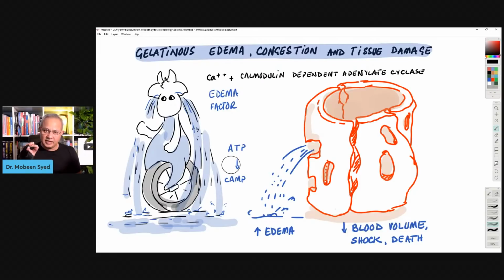Whenever a cell has Bacillus anthracis, the increased cyclic AMP inside the cell would cause the water and fluid homeostasis to become abnormal and edema would occur. This is usually what you would read. That is not sufficient for us to know. We're not average doctors, right?